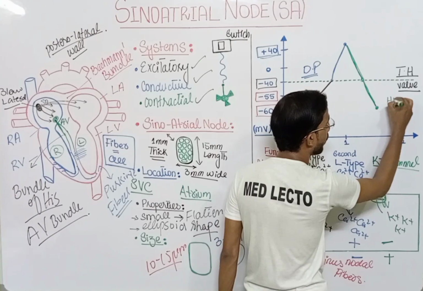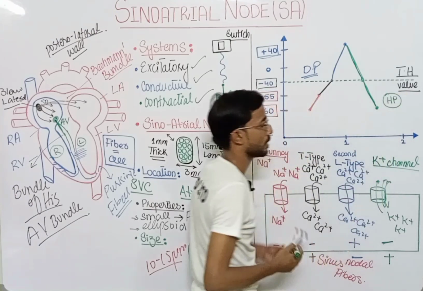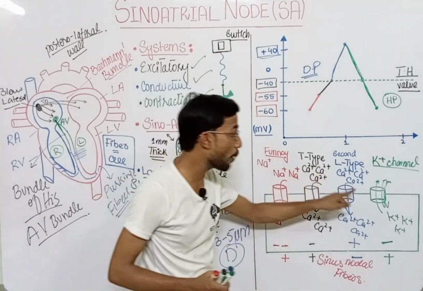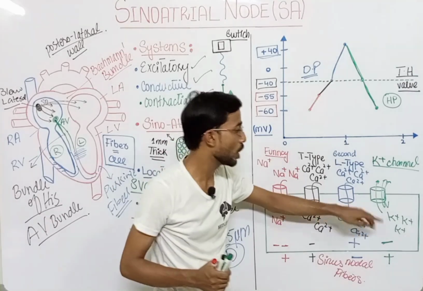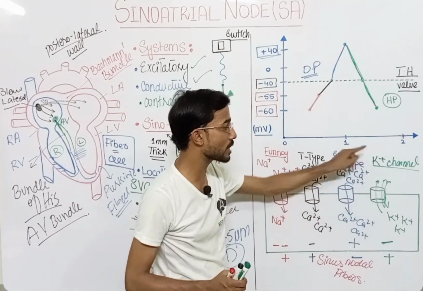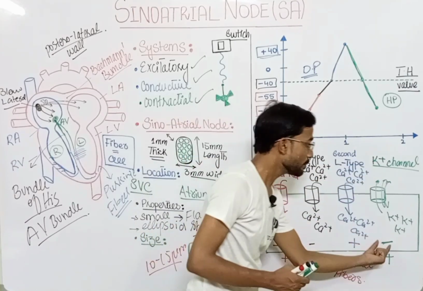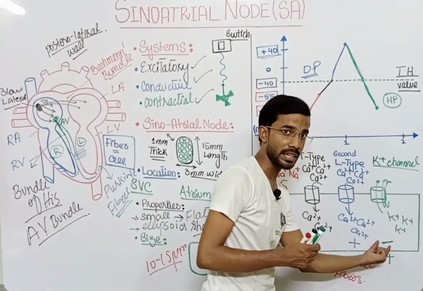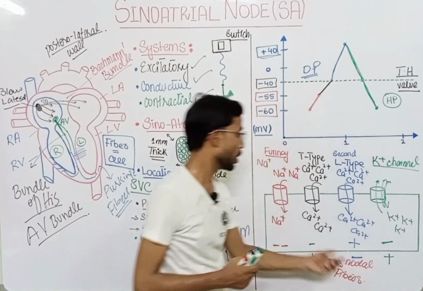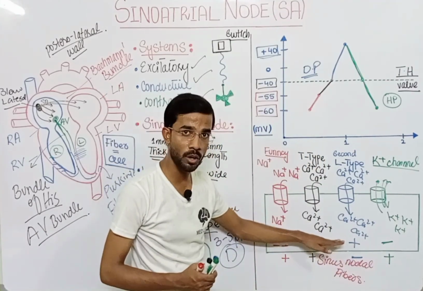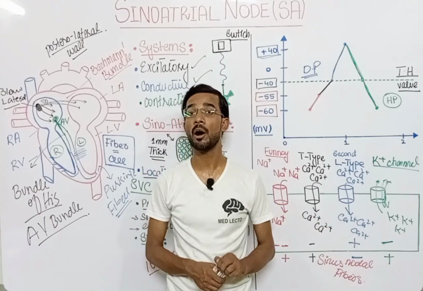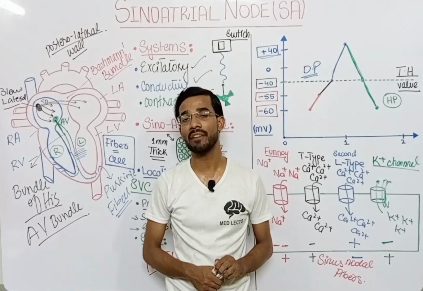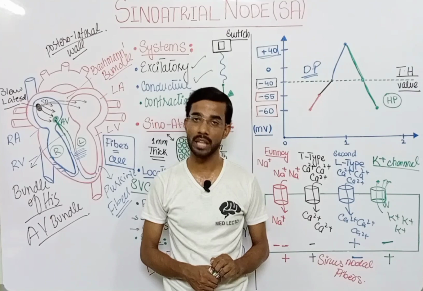That is hyperpolarization, due to the potassium channel opening for a long period. So ultimately potassium goes outward, and the negativity starts building inside as compared to outside. So the first step is the depolarization, and again you will see the repolarization. So this is all about the SA node. If you still have any question, you may ask in the comment section. Thank you so much.